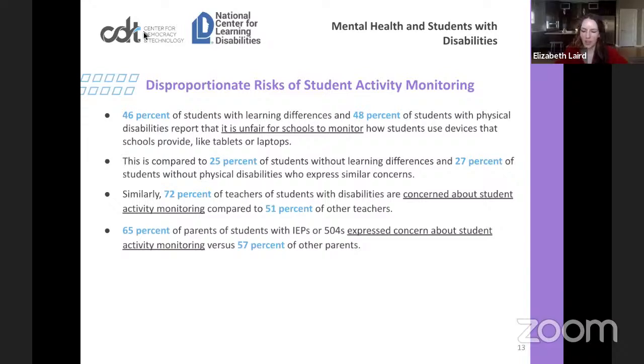Yeah, thank you. And not to add more data, but to just further Erin's point, when we did our survey, only 45% of all teachers said that monitoring was limited to school hours. So what Erin's talking about is not an anomaly of students going home and being monitored, whether it's on a school-issued device or sometimes even on their personal device if they're logged into a school account.